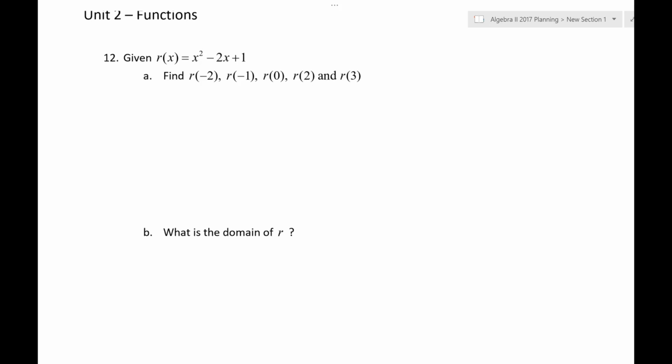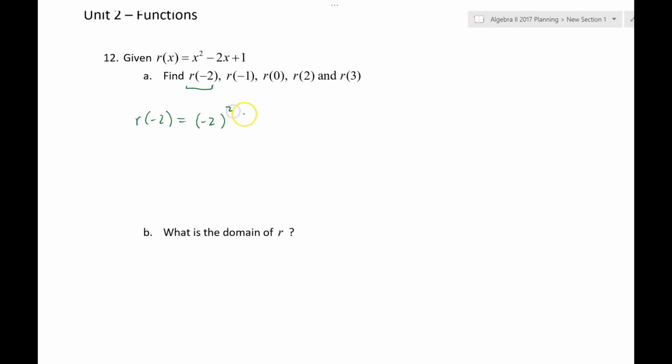For number 12 here, we were asked to evaluate the function at 5 different points. For this video, I'm only going to show one of the points, as the process would be the same for all the other values. So we're just going to do r of -2. This means tell me the output when I put -2 as the input. So r of -2 is, I'm going to replace every x with -2.